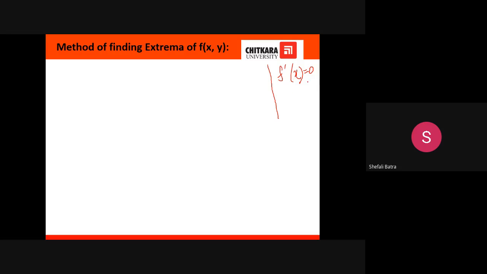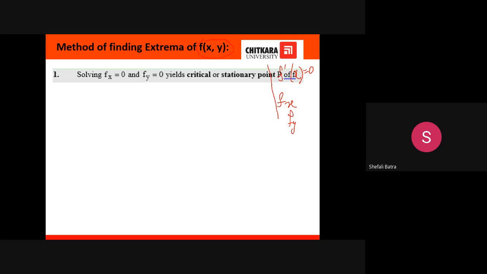So what will we do here? Because we are dealing with a function of two variables, there would be two first order partial derivatives. One is fx, another is fy. So to find the critical point or stationary point, we will put fx equal to 0 and fy equal to 0.